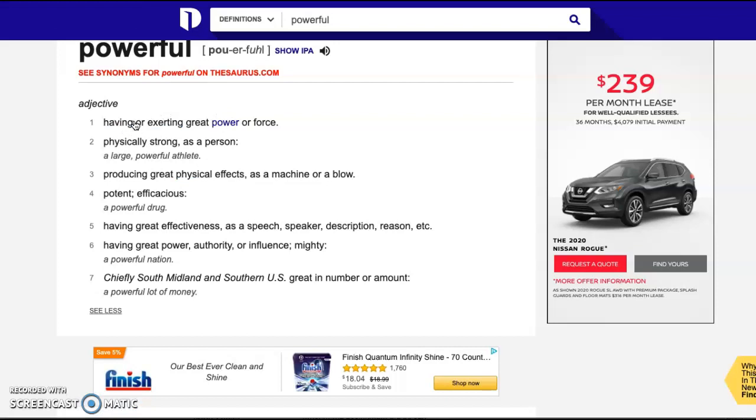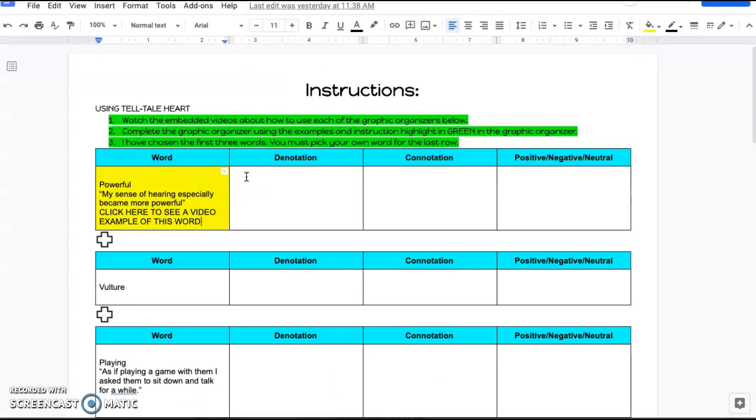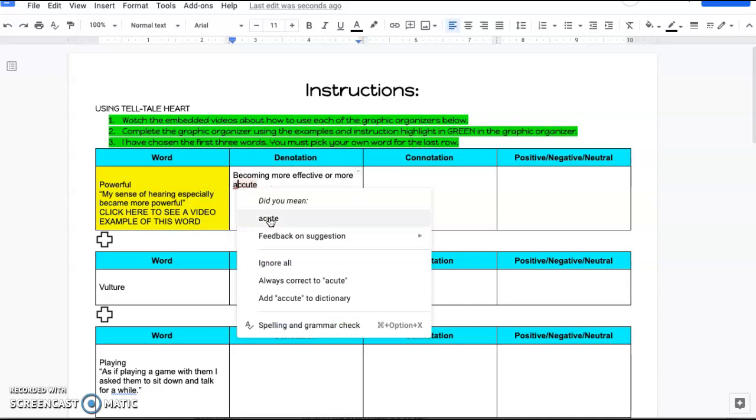So it's not exerting, it's just having great power or force. So in this particular case, he's saying that his hearing has become more effective. So having great effect. Let's go write that. Becoming more effective or more acute. Acute means that he can hear things better.